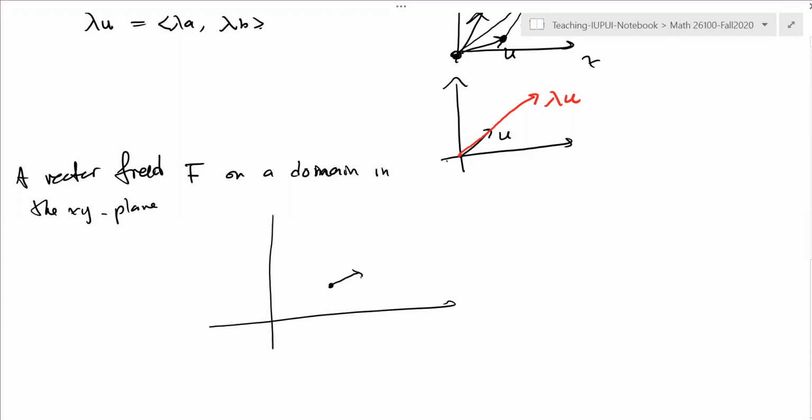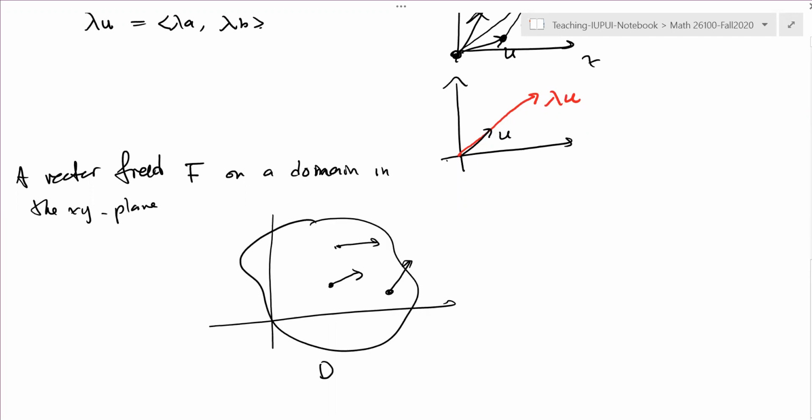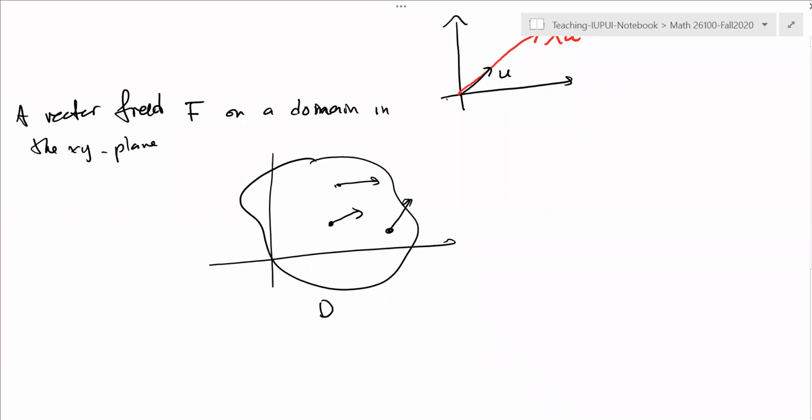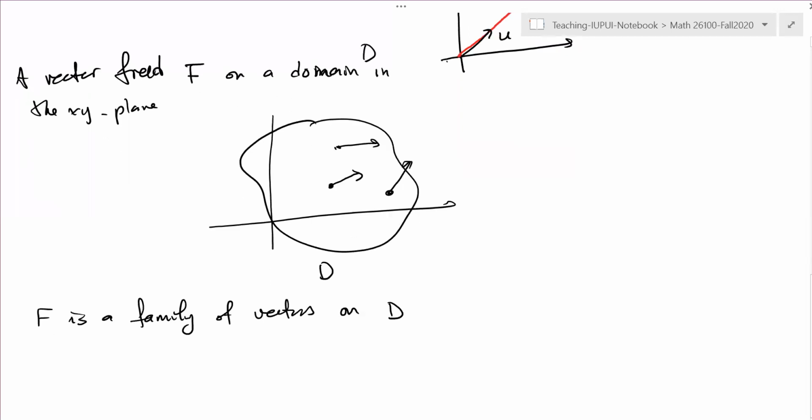At every point, there is a vector here. Okay, this is a domain D. So F is a family of vectors on D.